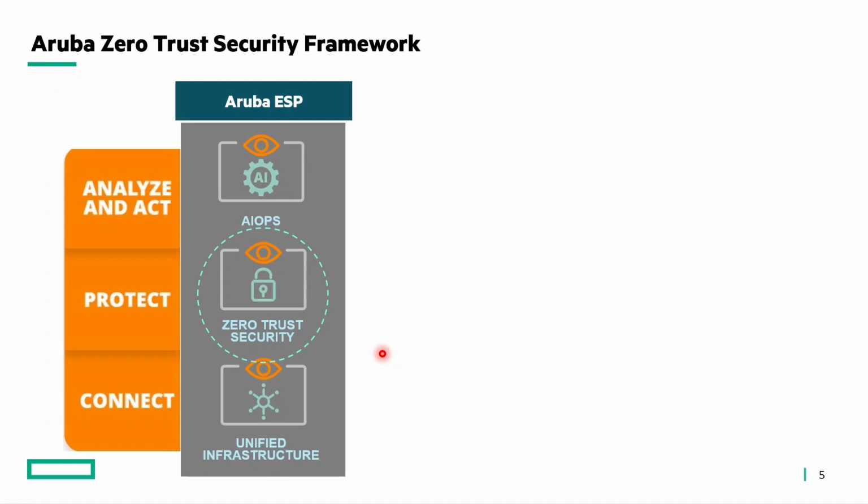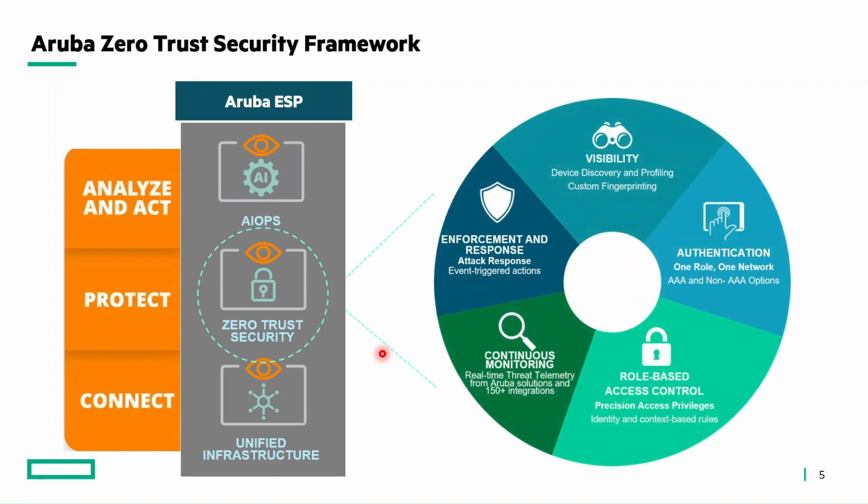Here are the five pillars of the Zero Trust Security Framework. Foremost is visibility, next is authentication, then rule based access control, continuous monitoring, enforcement, and response. In this session, we'll see how the first three pillars are achieved using DFP, that is, device fingerprinting, ClearPass integration.